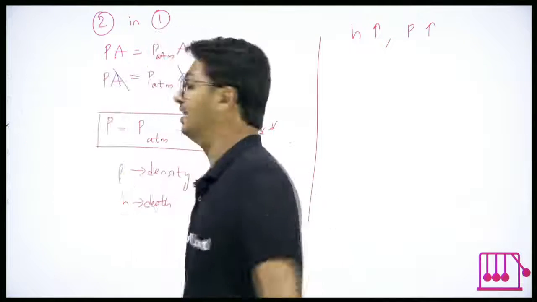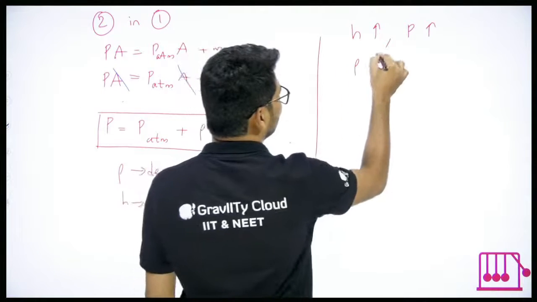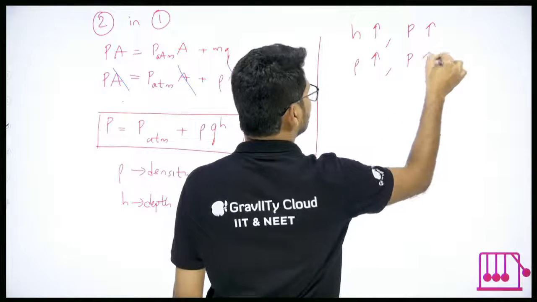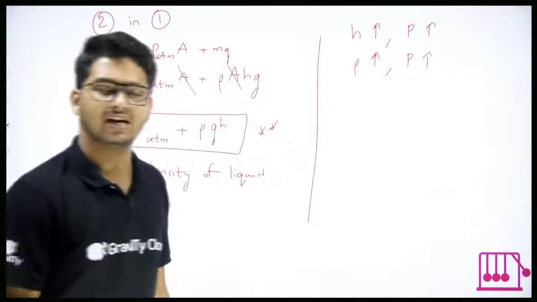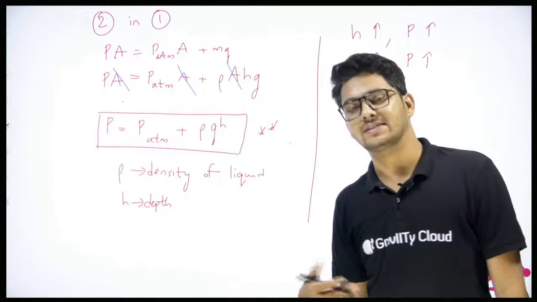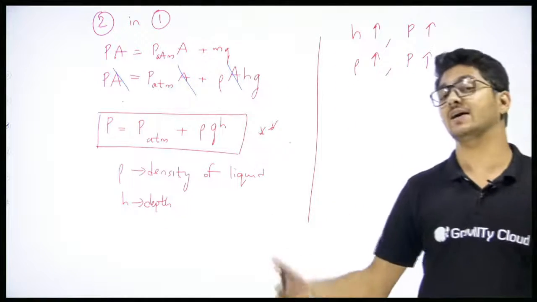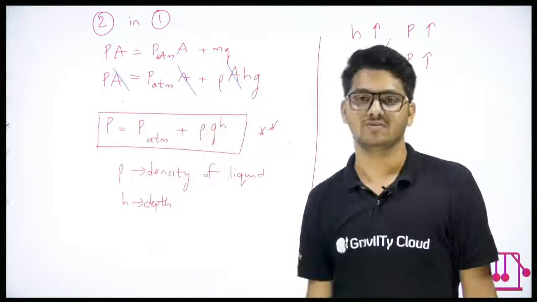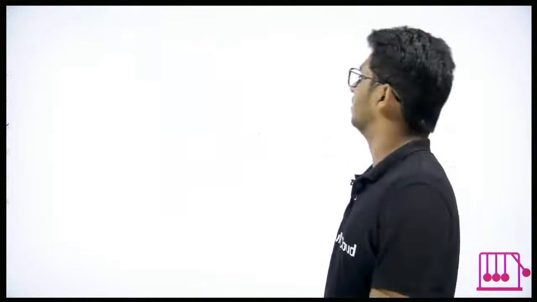You can say as density increases, pressure also increases. And density depends on the liquid. If you take a denser liquid at the same depth, pressure will be greater in the denser liquid itself. Good. This is done.